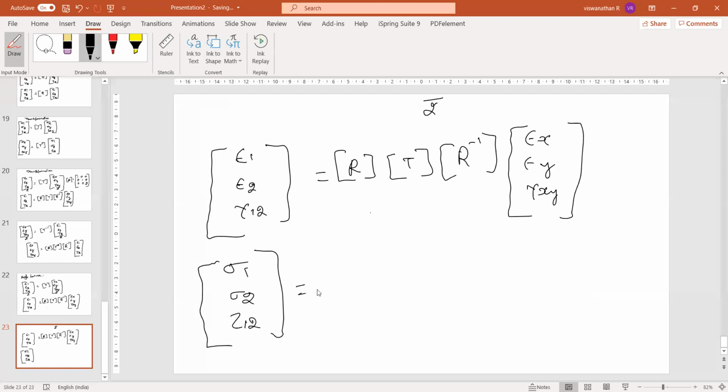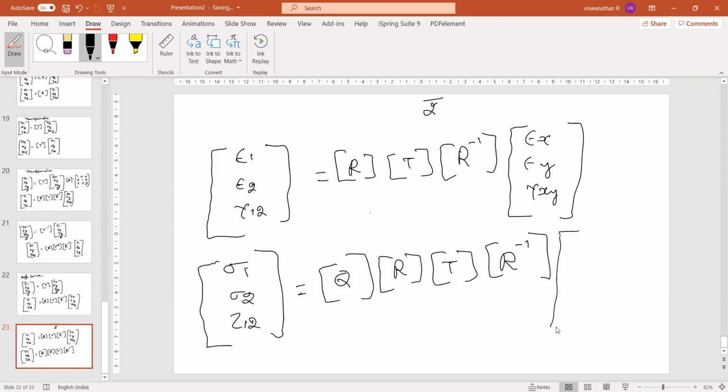So I multiply by the reduced stiffness matrix. This is the reduced stiffness matrix multiplied by the local strains, but instead of writing local strains, I write R T R inverse and then epsilon x, epsilon y, gamma xy.